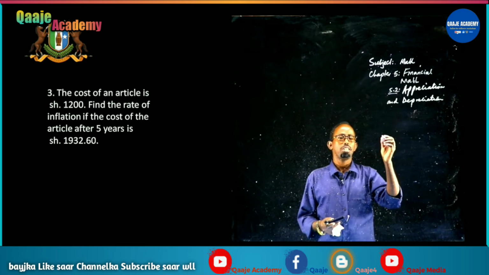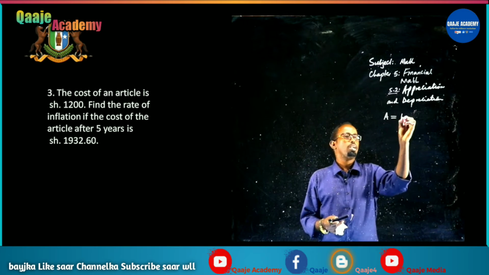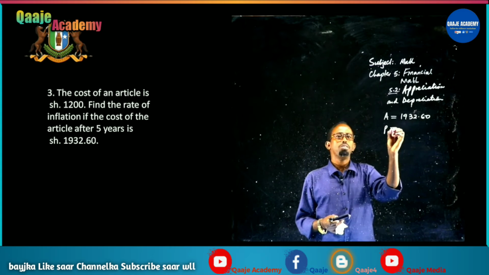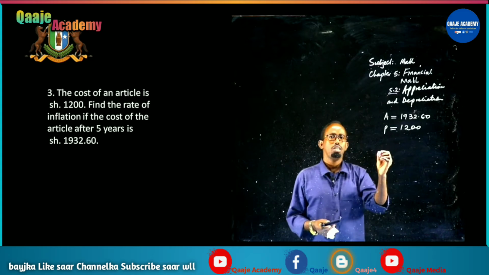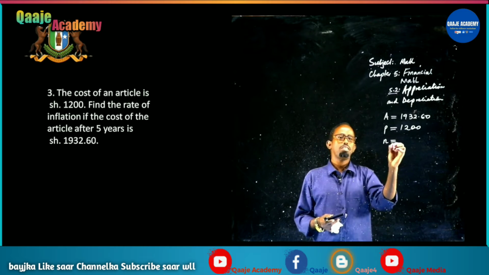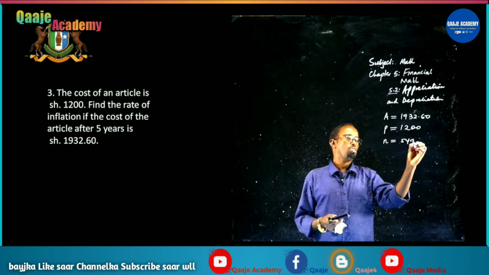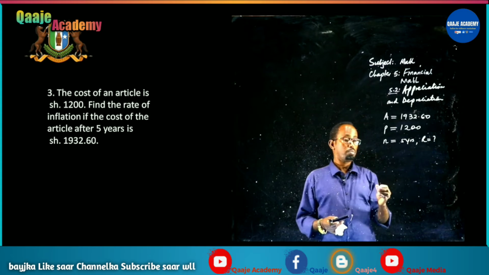So the amount is given, the amount is 1932.6. The principal amount is 1,200, and the time is given. The duration is 5 years, and therefore we don't know the rate R, that is.